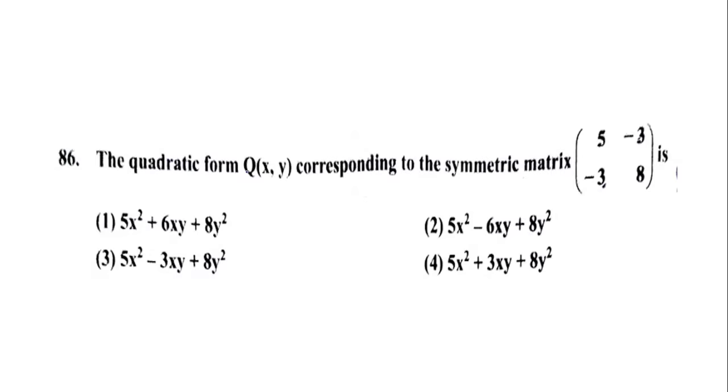Next, the quadratic form Q of x, y corresponding to the symmetric matrix [5, -3; -3, 8] is a 2 by 2 matrix. Quadratic form means x transpose times the matrix times x, where x here is (x, y).